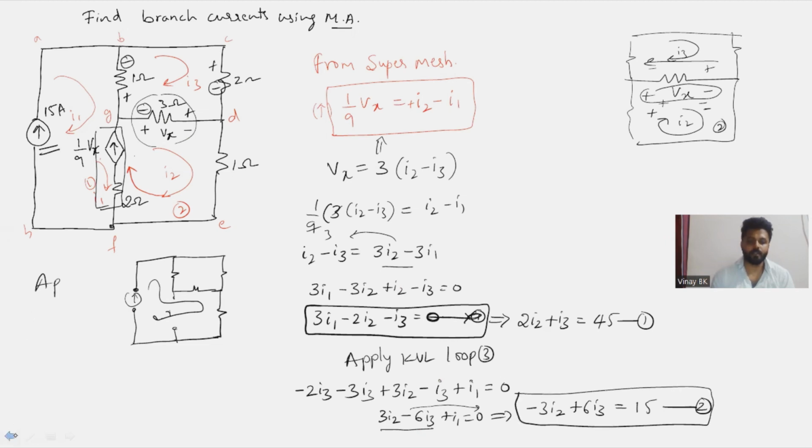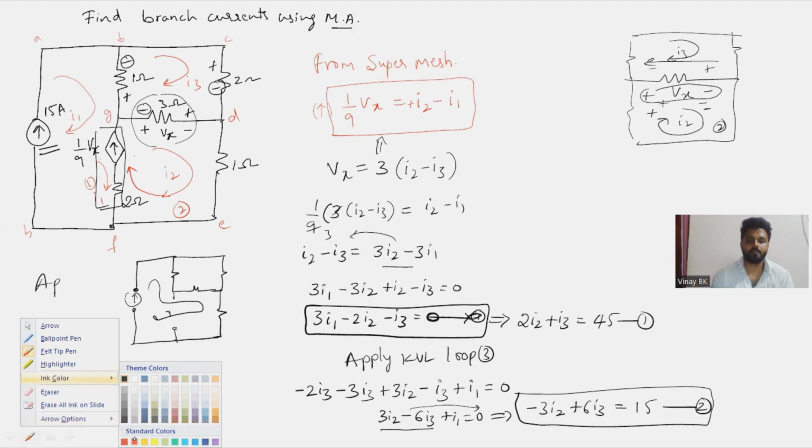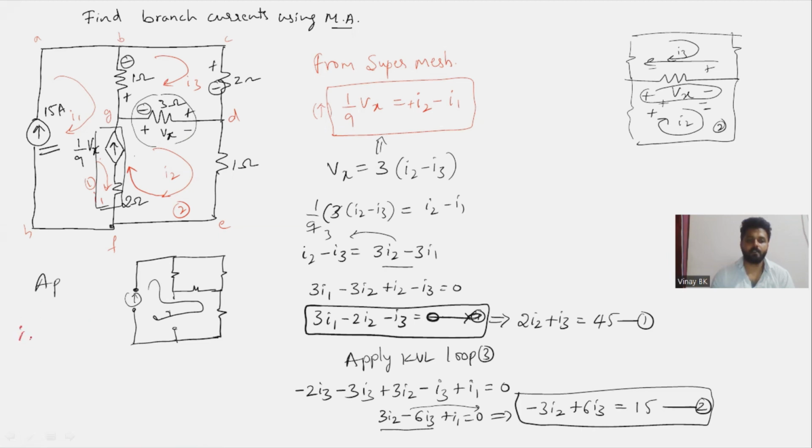So we know the value of I1 already. The value of I1 is 15 amperes. They are only given, substituting these values. Solve these two equations, equation 1 and equation 2, to get the value of I2 and I3. Keep your calculator in equation mode. Given two unknowns, you can substitute 2, 1, equals 45.